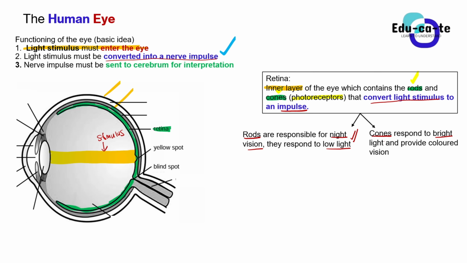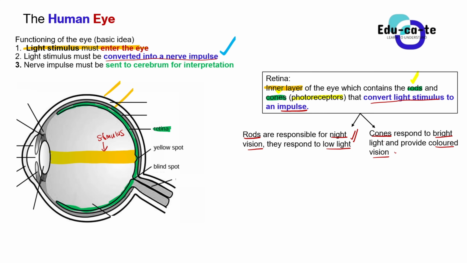They are converting light stimulus into an impulse. When it is dark, it is the rods that convert light into an impulse. The rods are active at night or in low light, when it is a bit darker. Whereas during the day or bright light, the cones are the ones that are working, and they provide colored vision.